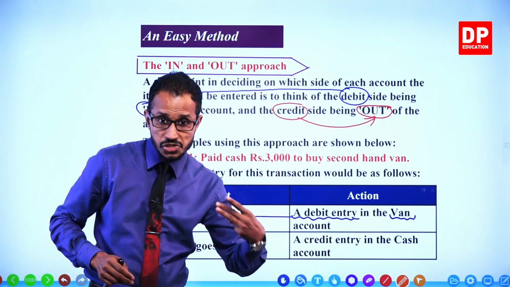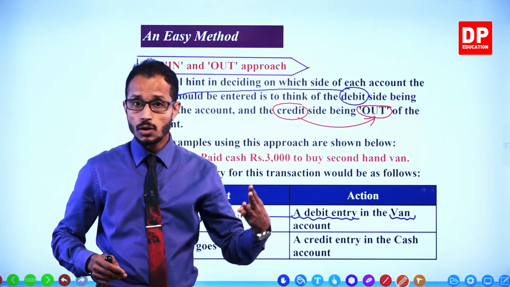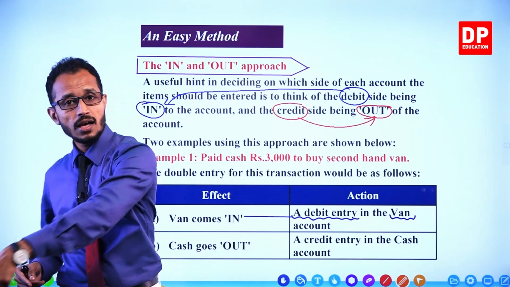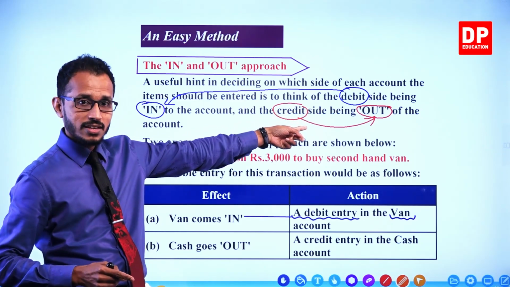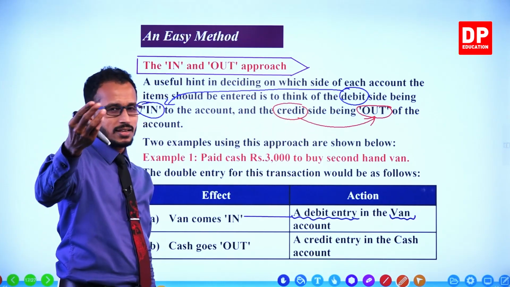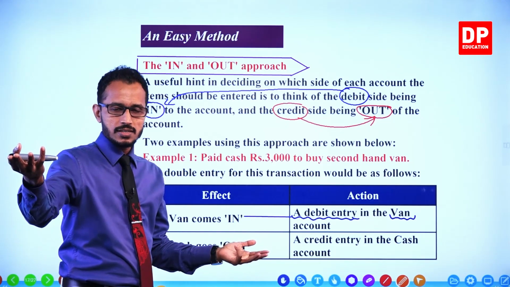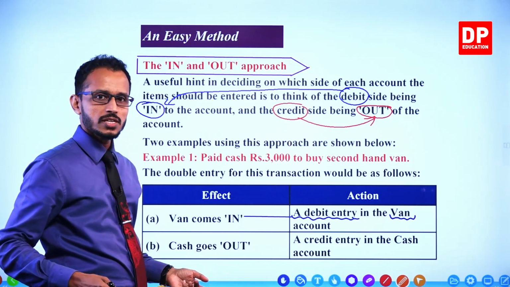And since 3,000 cash went out, outs are credited. Tell me which account should now be credited? The answer is there. Cash account should be credited.